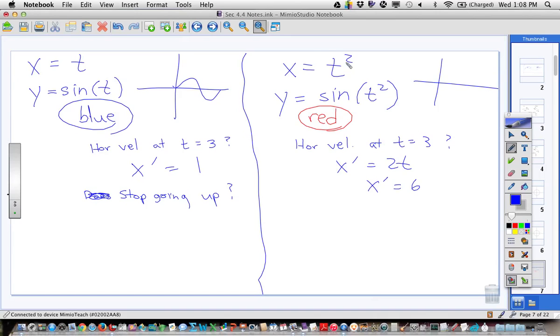Now see, you're thinking, okay. So you're saying the blue guy stops going up when t is 1.57, whatever, pi halves. Is that going to be the same thing over here? Okay, no. Now, why did you get that?